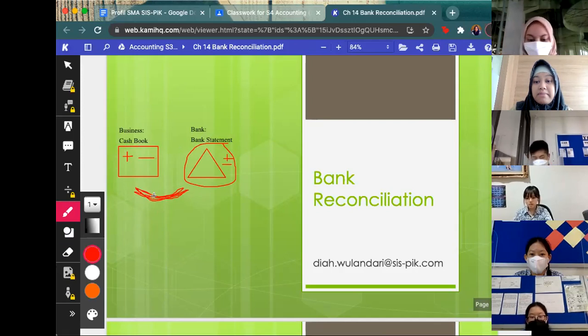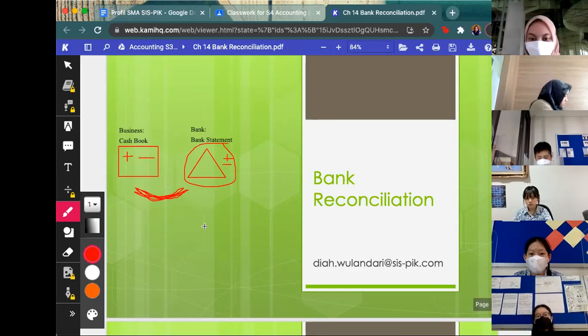Are they recording the same thing or not? If not, or if someone missed a transaction from the other side, we will make corrections on that. So this is basically that: focusing on one account, which is bank, and then making corrections on both sides.